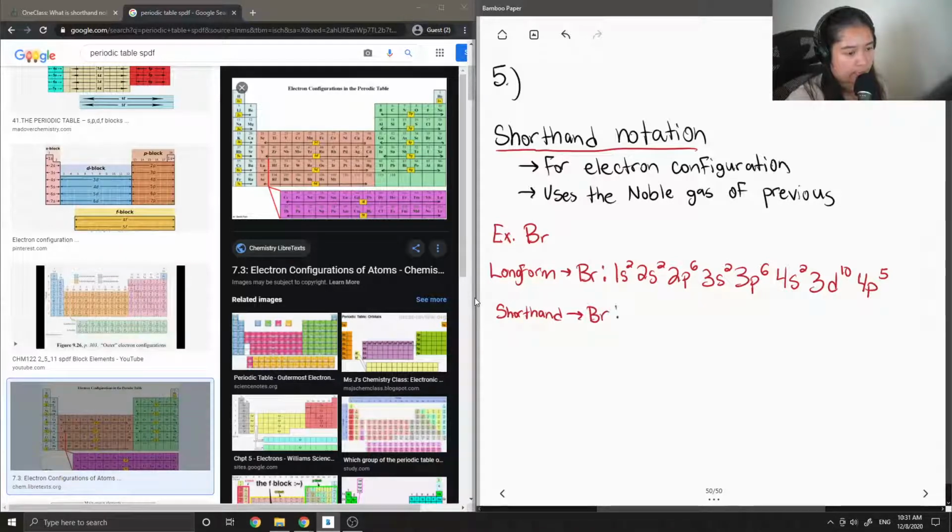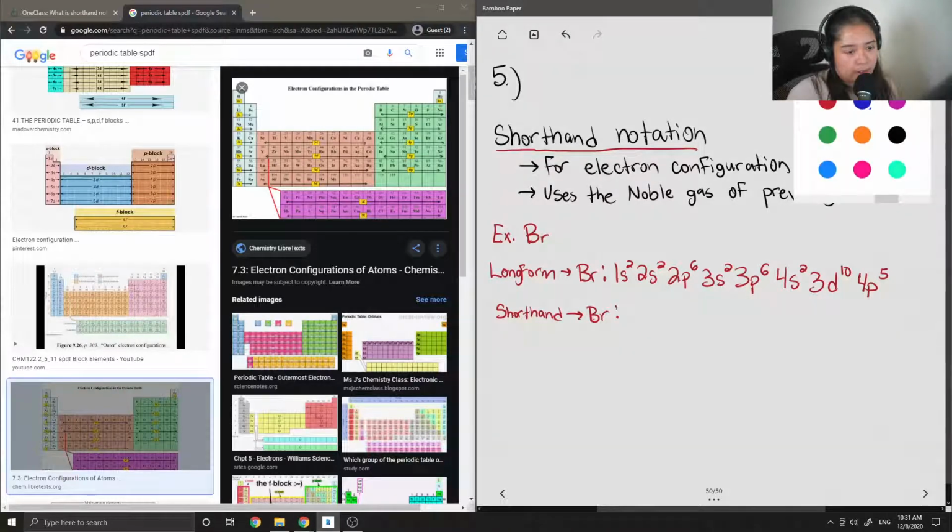So like I said, it uses the noble gas of the previous row to show where you can start from, since the noble gas is pretty much the same electron configuration as the first bit.